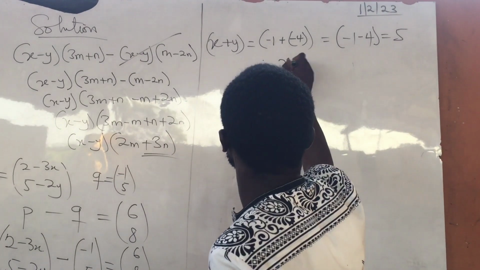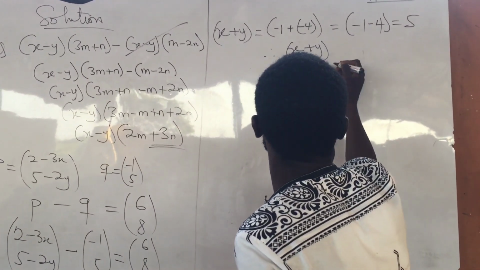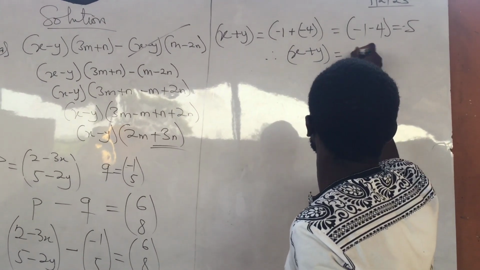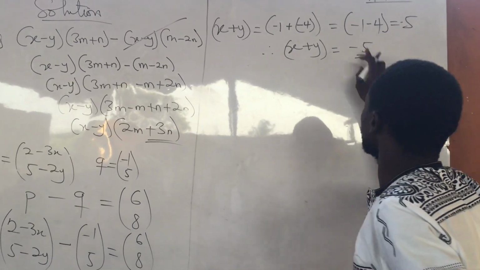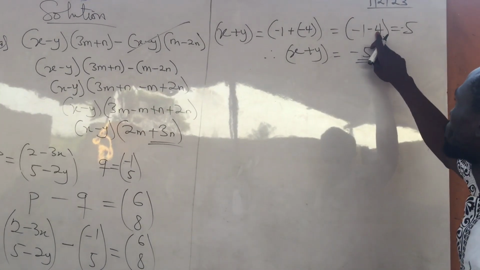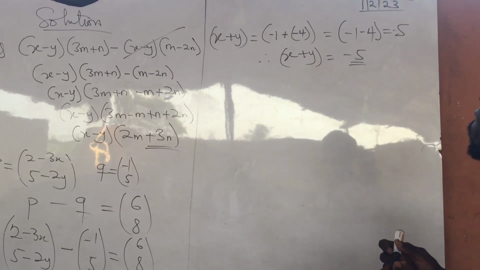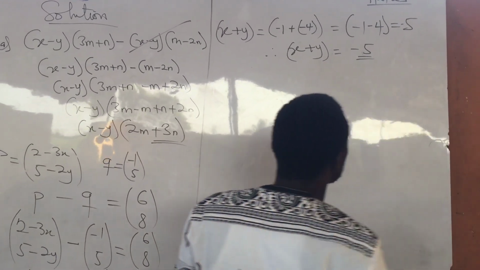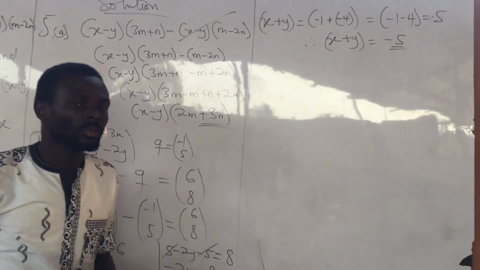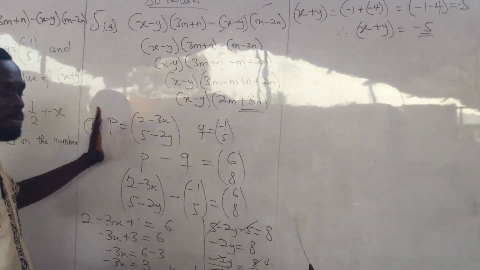So therefore, x plus y is equal to negative 5, because negative 1 minus 4 gives you negative 5. And this is what you have for your answer. So this is what you were supposed to do for B.